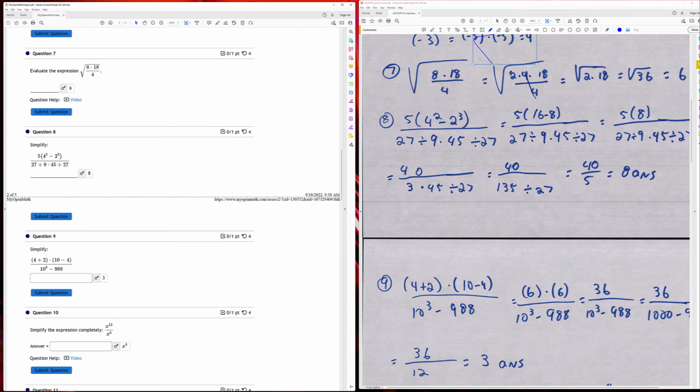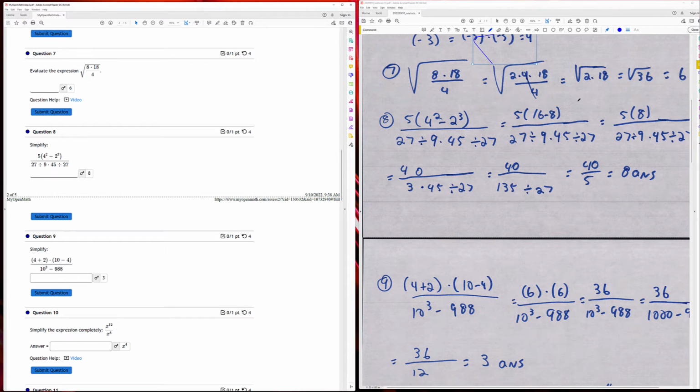I expanded out the 8, this would be 2 times 4, and the 4 is canceled. So what I have here is 2 times the square root of 2 times 18. 2 times 18 is 36. The square root of 36 is 6, and that's our answer there.